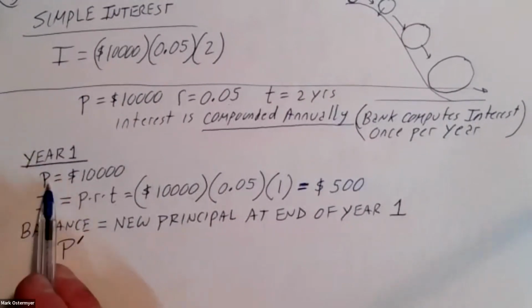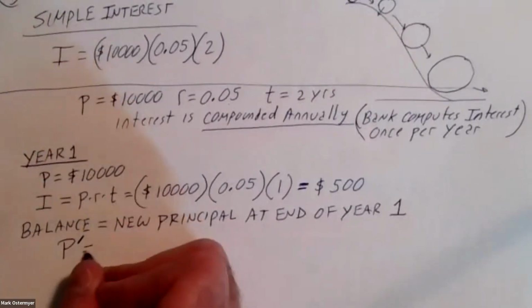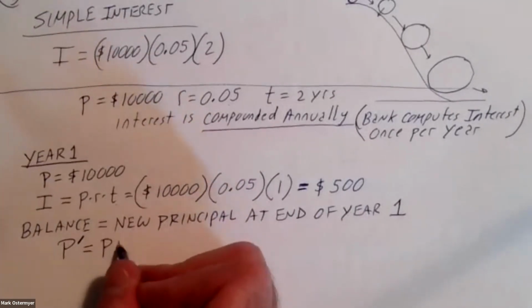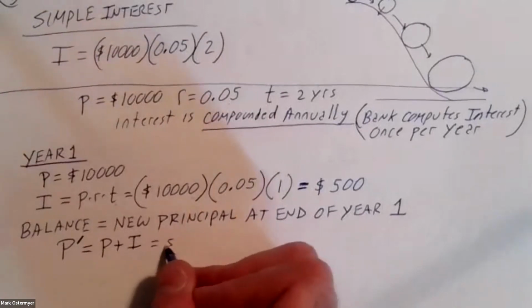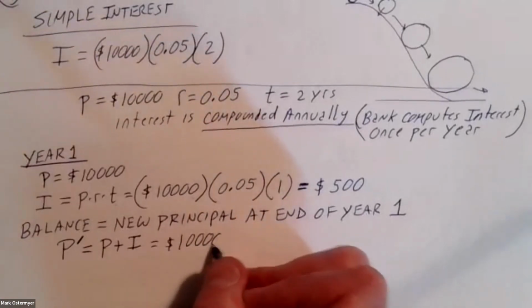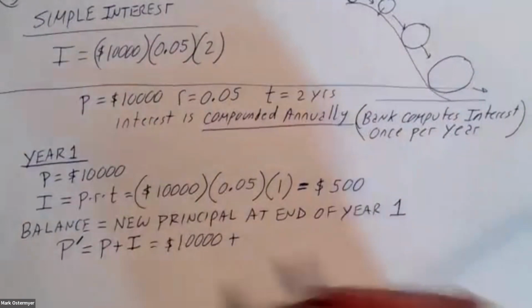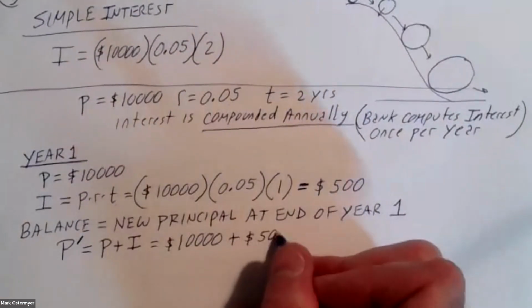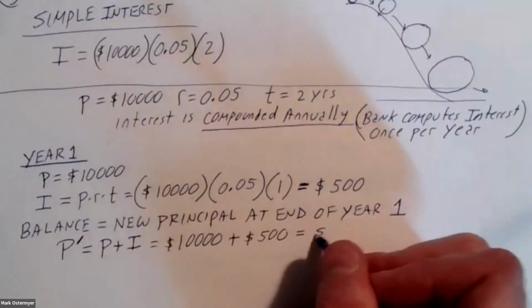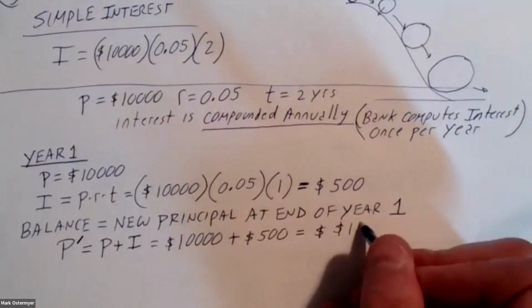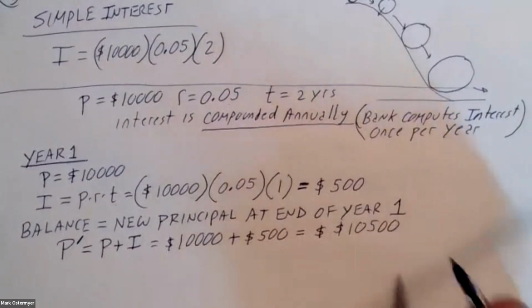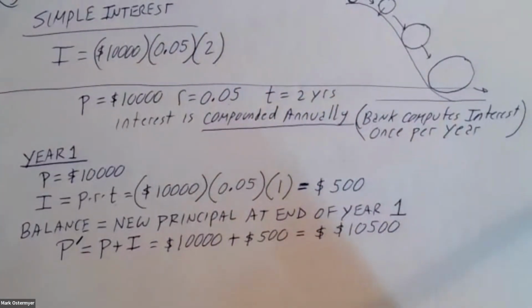It's not the same as P, the original principal. What's our new principal? It's going to be the old principal plus the interest that was accrued or earned during the first year. So it's going to be the $10,000, our old principal, plus $500 of interest that's earned during the first year. So our new balance or principal is going to be $10,500. That's our new balance or new principal.